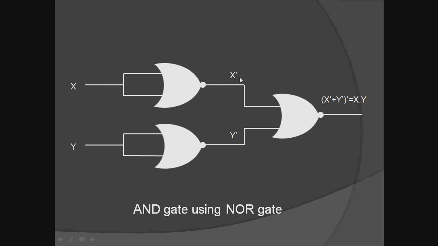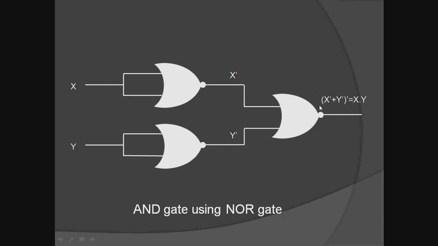The outcome of that will be x complement plus y complement, the whole complement. Till this part is normal, x complement plus y complement. But because of this symbol, the NOT gate, it means the complement of that. So that's why you have here x complement plus y complement, the whole complement.